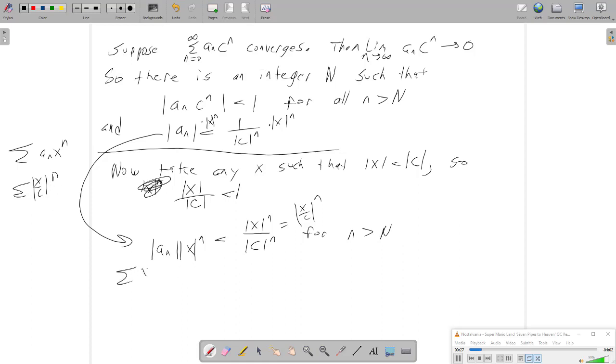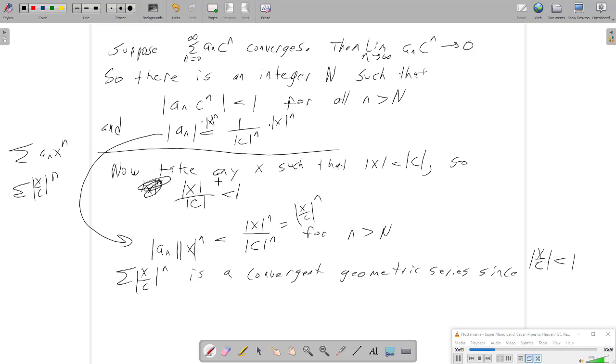So the sum of x over c to the n is a convergent geometric series, since the absolute value of x over c is less than 1.